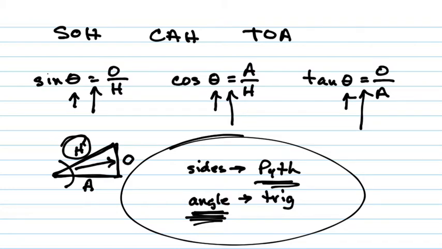Okay, we'll look at them and you'll see. If you know an angle, then you have to use trig. If you know sides, then you use Pythagoras. Well, you're not going to know two sides. That's the point. All right, so let's go to the lesson, and we're going to walk through this so that you can see exactly what this looks like and how to use it.